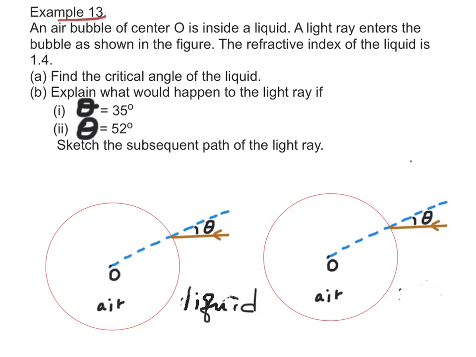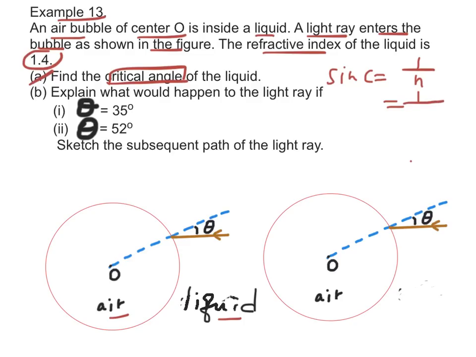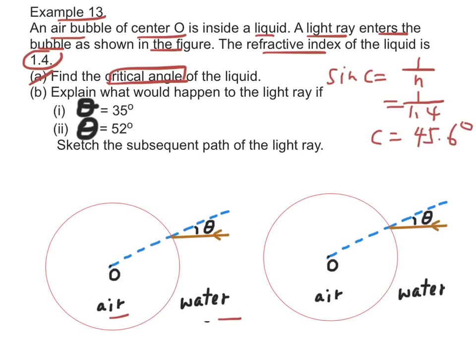Example 13. An air bubble of center O is inside a liquid. A light wave enters the bubble as shown in the diagram. The refractive index of the liquid is 1.4. Part A. Find the critical angle of the liquid. Sine C equals 1 over n equals 1 over 1.4. Therefore, the critical angle of the liquid equals 45.6 degrees. Part B. Explain what would happen to the light wave if theta equals 35 degrees.